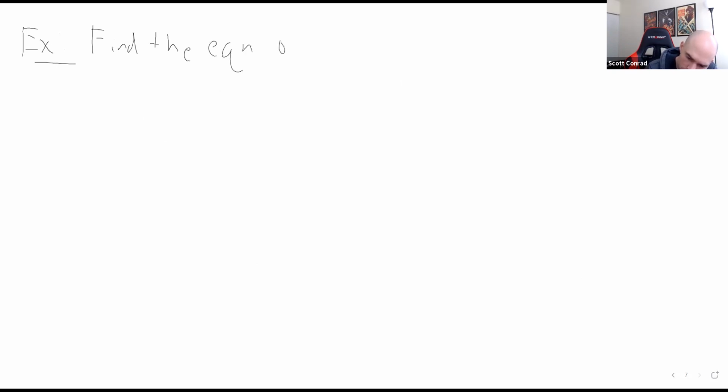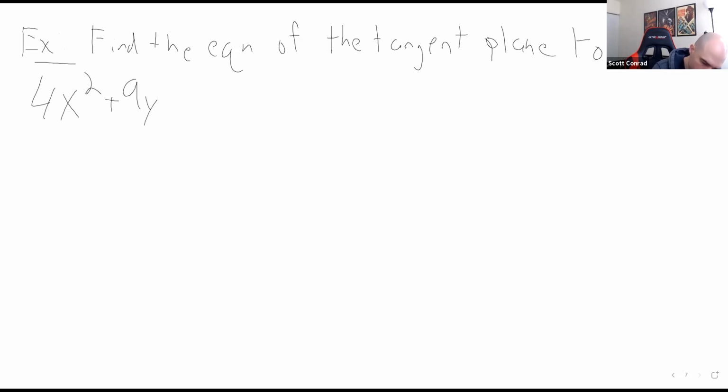So find the equation of the tangent plane to the surface 4x squared plus 9y squared plus 16 equals z squared at the point 2, 1, 3.